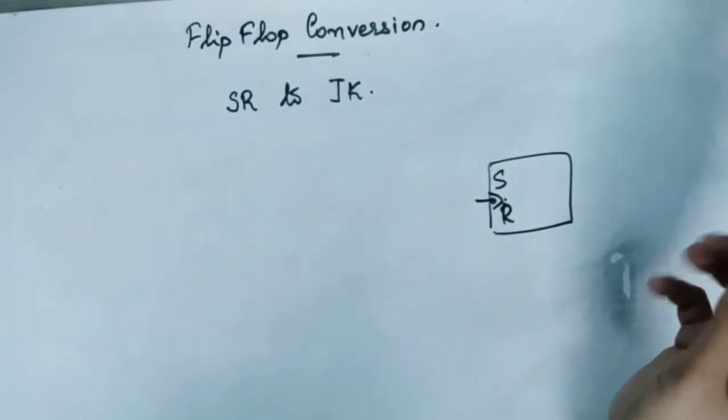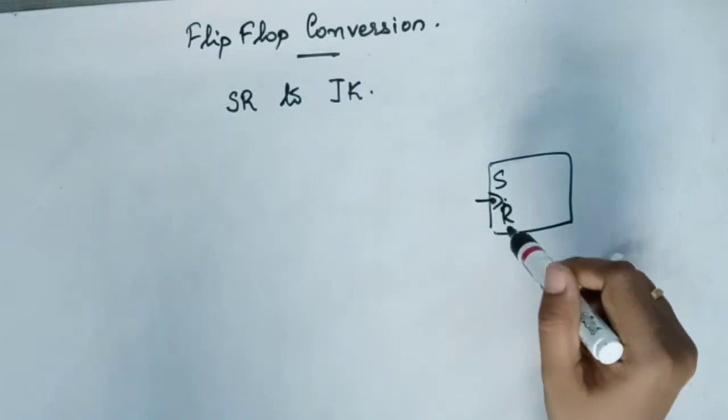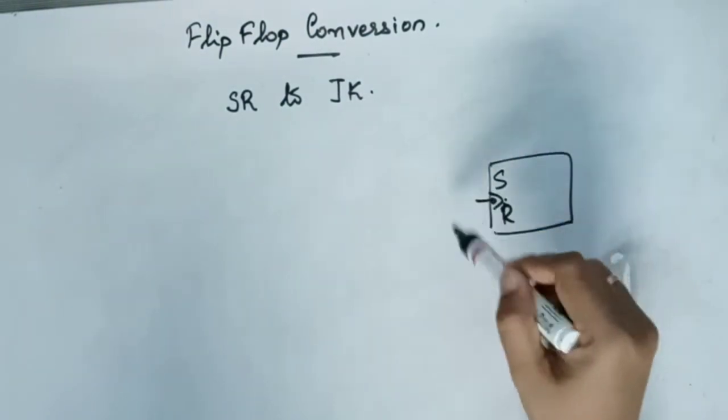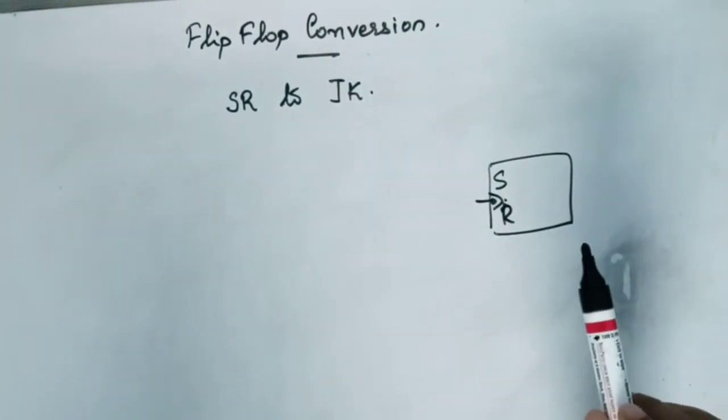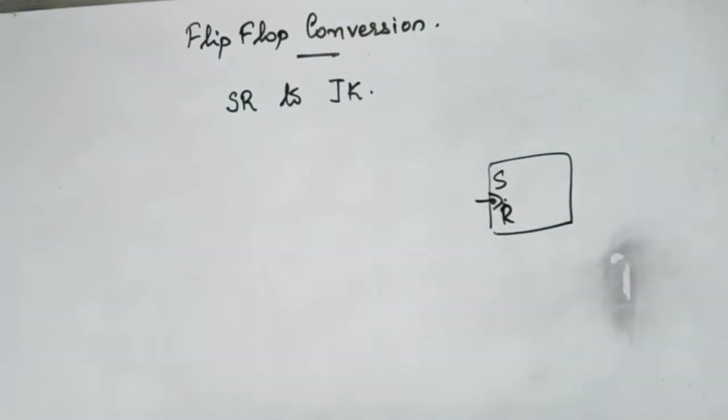So actually you have the SR flip-flop in your hand. You want to make it work as a JK flip-flop. Making it work as JK flip-flop means you want the truth table of JK flip-flop. But what you have in your hand is SR flip-flop.